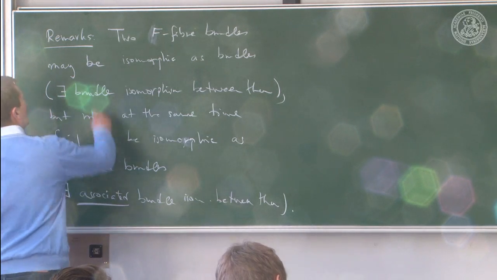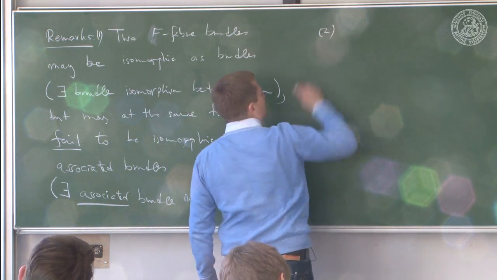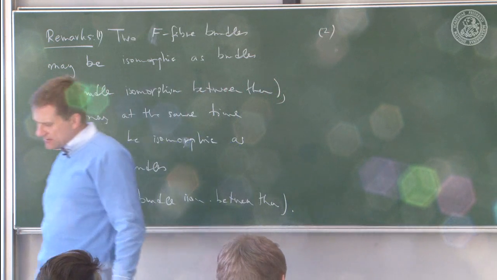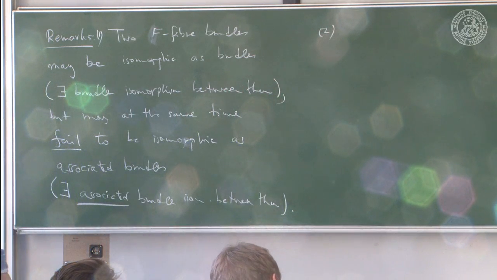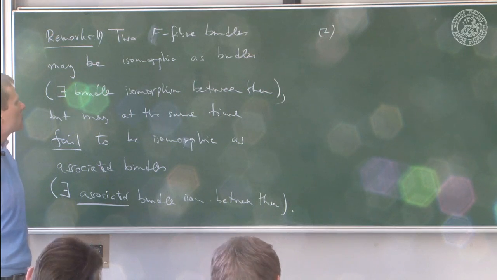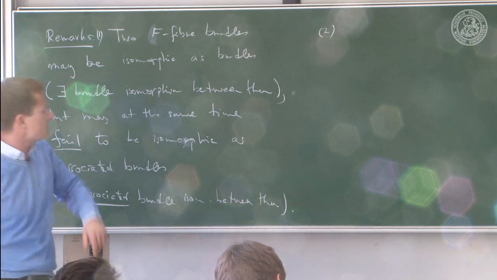So that's remark 1. Remark 2. When discussing fiber bundles, you remember we had this definition of a trivial fiber bundle, and that is if there exists a bundle morphism. Well, let's write it down.